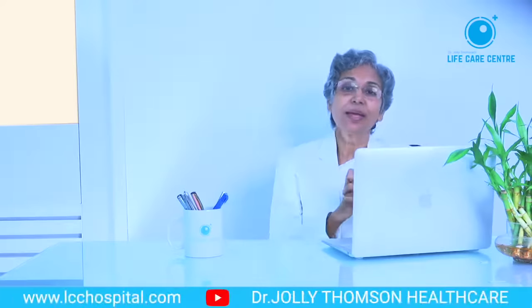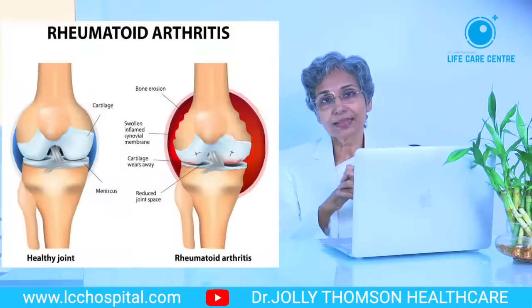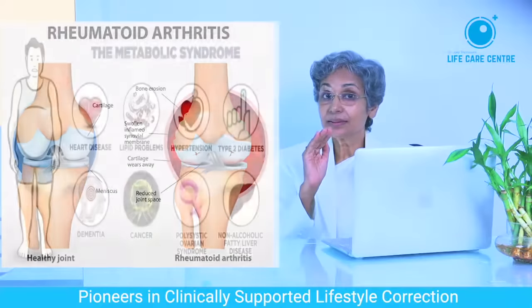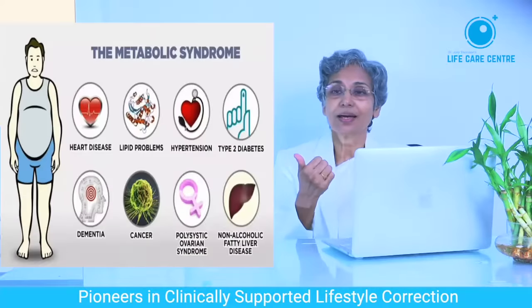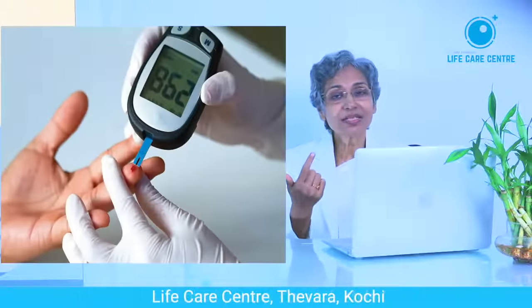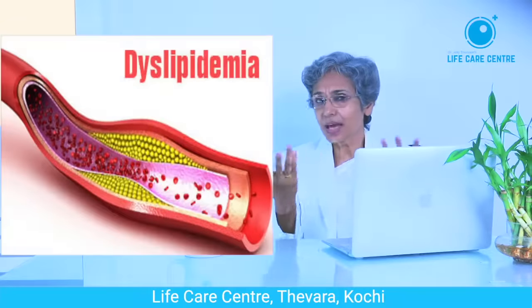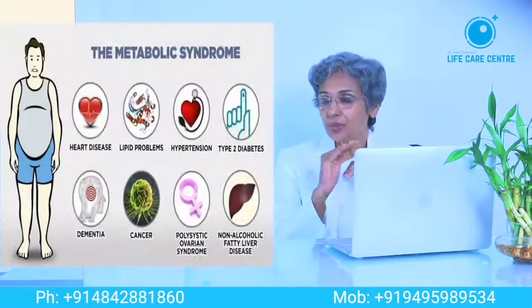Next, what other diseases predispose, or are comorbidities, along with rheumatoid arthritis? Usually metabolic syndrome, that is obesity, diabetes, hypertension, and dyslipidemia, that is high cholesterol. Patients with metabolic syndrome have a very high chance of getting rheumatoid arthritis.